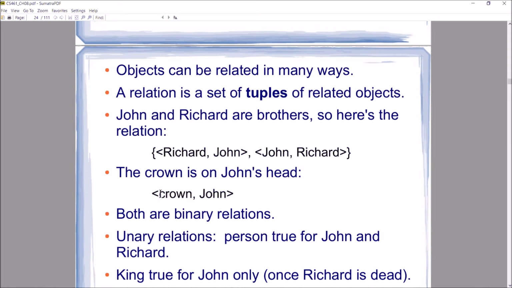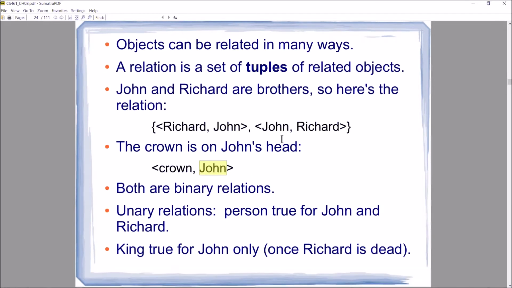And we're saying that the crown is on John, okay? Now, both of those are examples of binary relations because there's two items, kind of like if you have a binary operator and you got two operands. Okay, those are examples of binary relations.